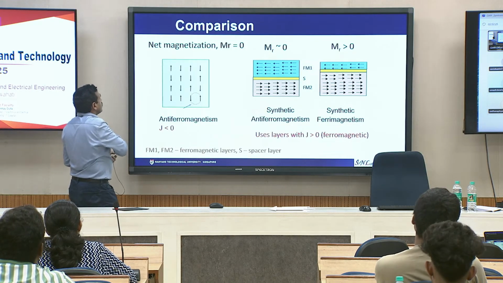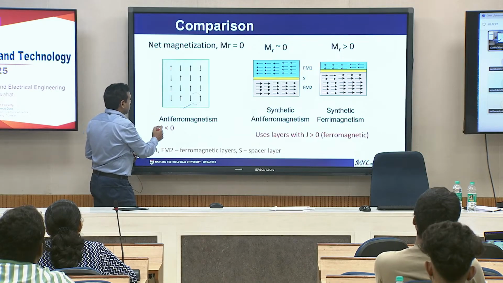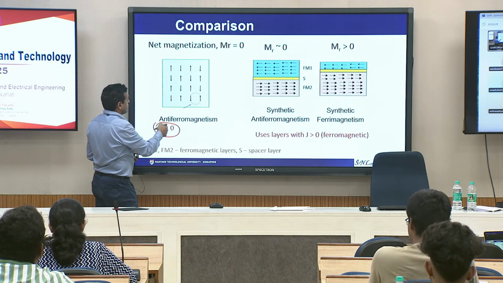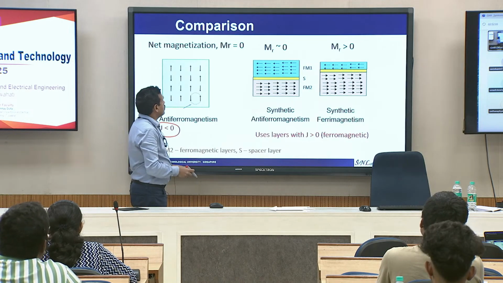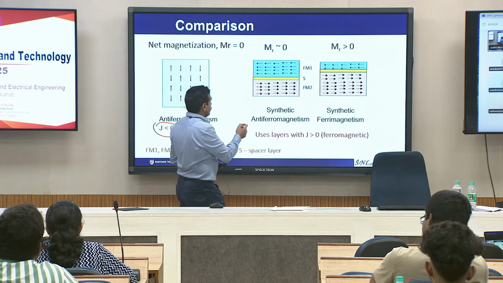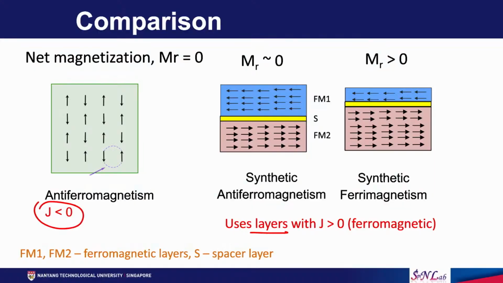So, in antiferromagnetism, the interaction itself is like J is less than 0. In synthetic antiferromagnetism, we use certain layers that give rise to this kind of interaction.